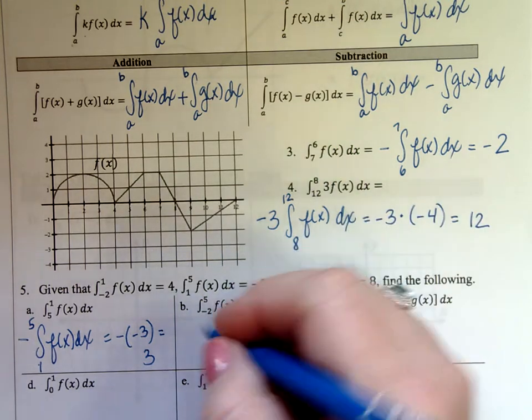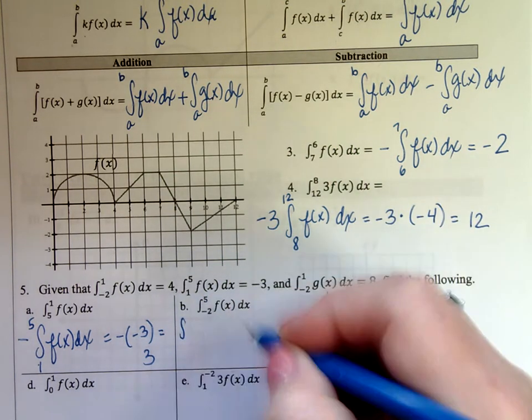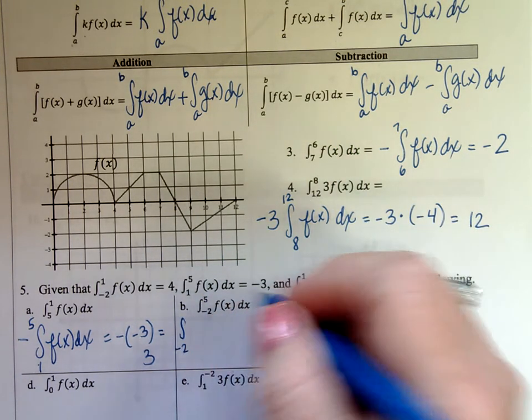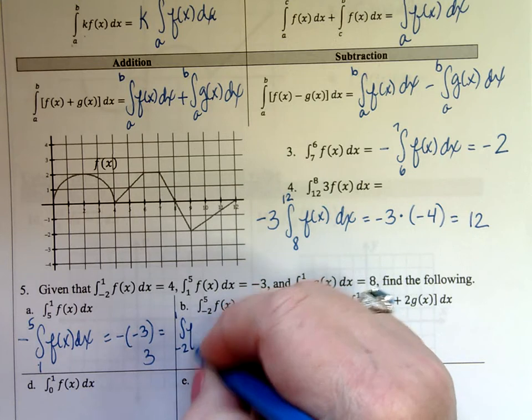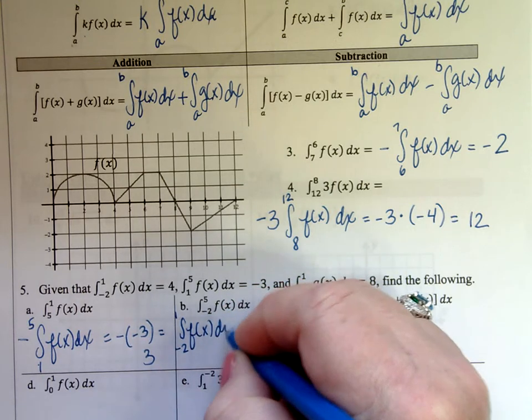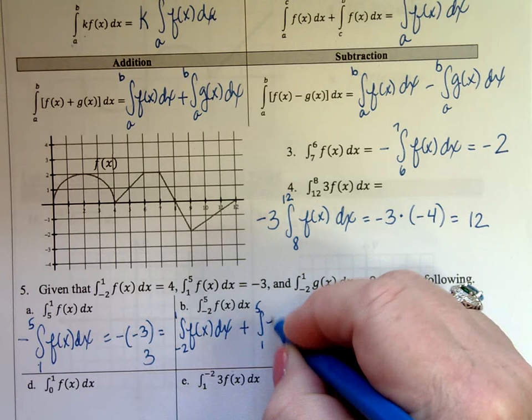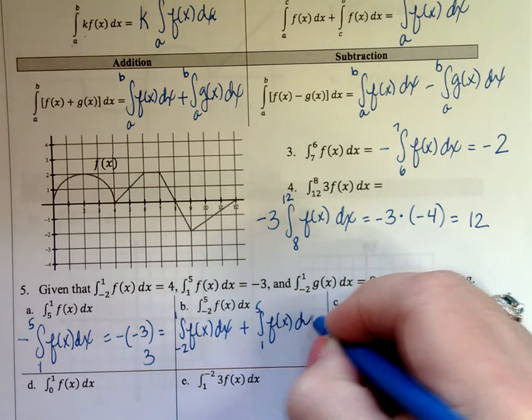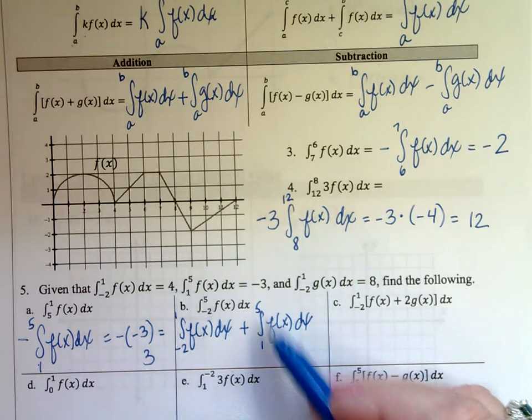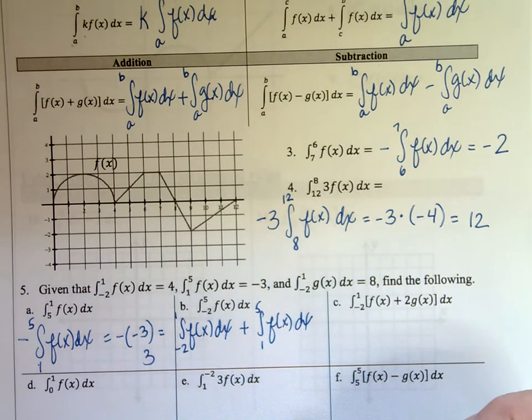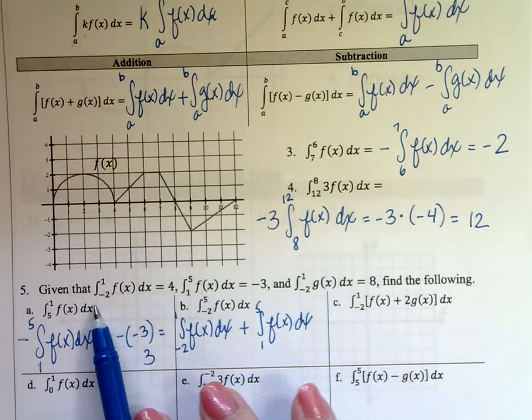So what you're going to do is take the integral from negative 2 to 1 that you do know and add it with the integral from 1 to 5 that you also know. From negative 2 to 1, from 1 to 5 is the same thing as going from negative 2 to 5. So go up here, negative 2 to 1 is 4.